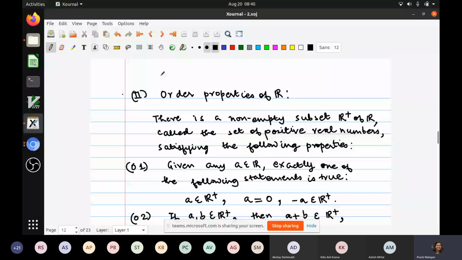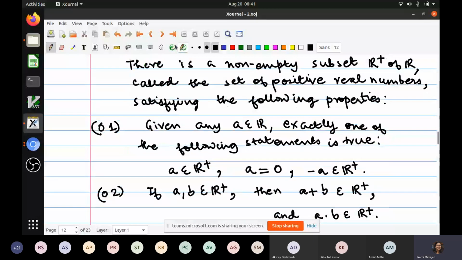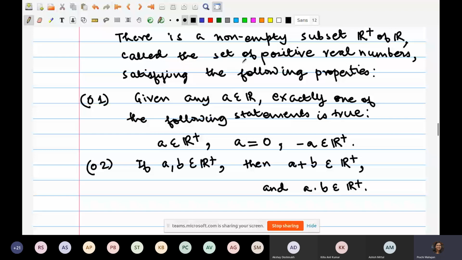We assume that there is a non-empty subset of the set of real numbers, which I'm going to denote by R plus, and we are going to call this the set of positive real numbers, satisfying the following two properties. The first one, which I have written as O1, says that given any real number, one and exactly one of the following statements is true: either that real number A belongs to this non-empty subset, or A is the additive identity 0, or the additive inverse of A belongs to that non-empty subset.